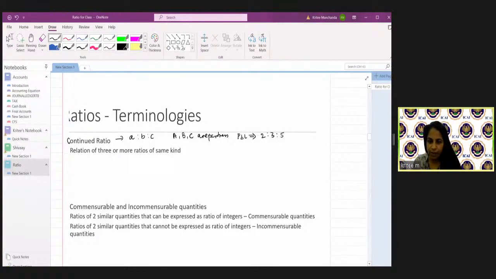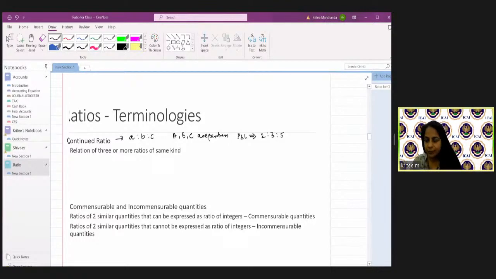Continued ratio. You have the relationship between three or more variables or numbers which are of the same kind, and you can represent them as a continuation in ratios. So it's not only about three. We can have 5, we can have 10, as many quantities as you want to compare, or need to find the relationship between.